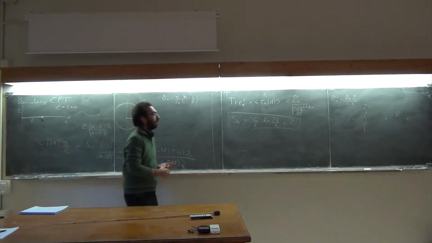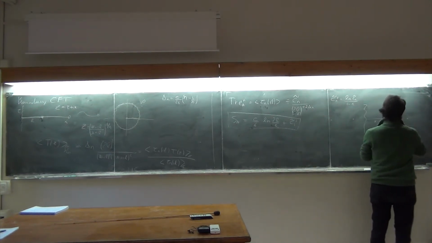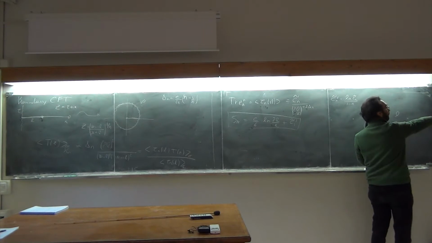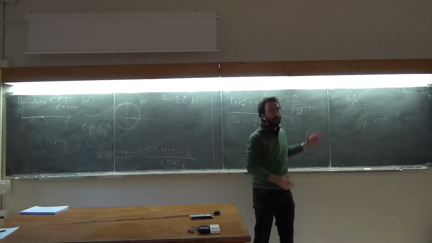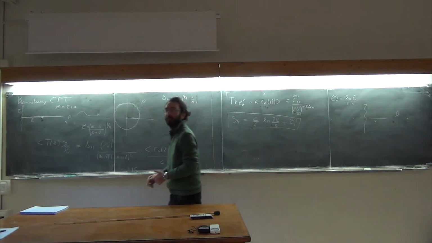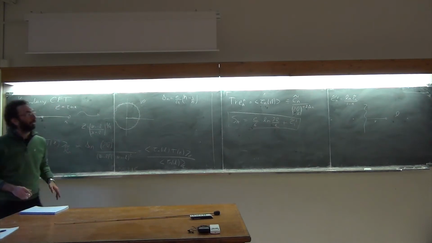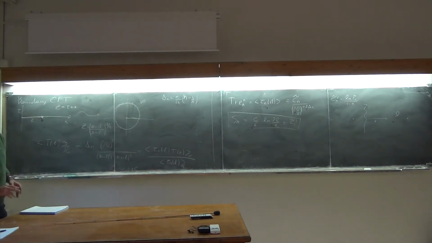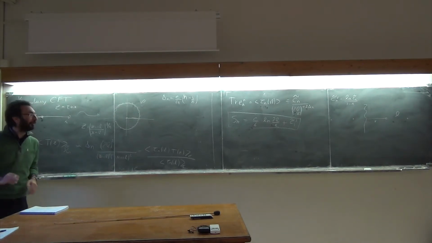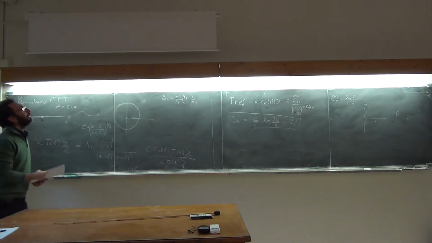If you call this R and this L, in the case where L is finite and R goes to infinity, I go back to c over 3 log L. But in the middle, it's a very complicated formula that depends on the Riemann theta function and all the complication of a 4-point function. I will briefly mention it, but without showing the calculation, because it would really take more than the 10 hours that I have, and I don't think you will learn a lot more than just by reading the table.